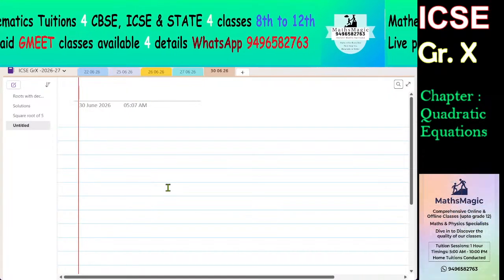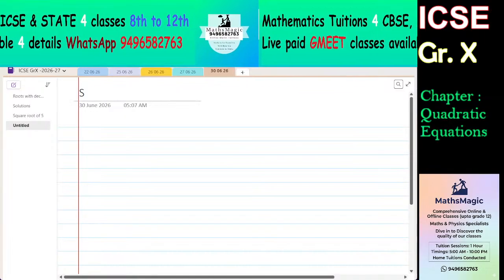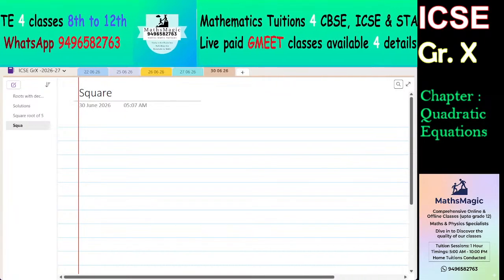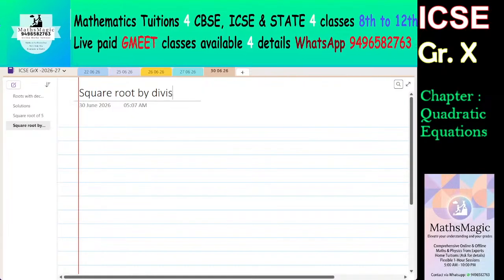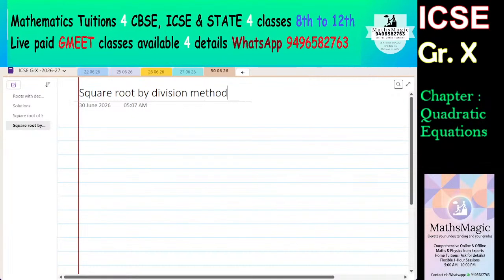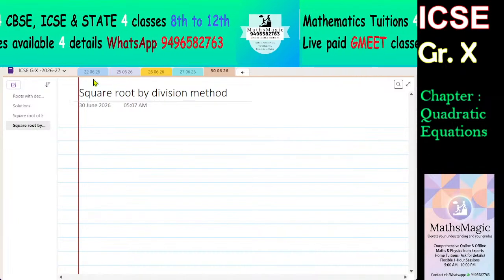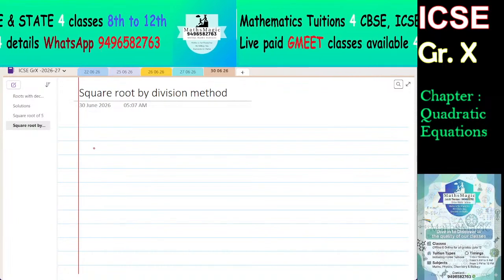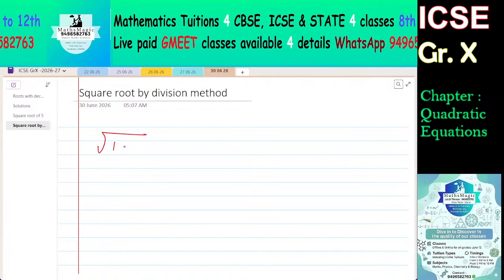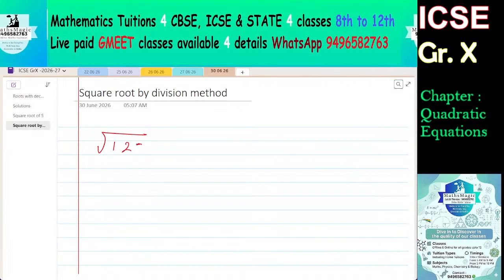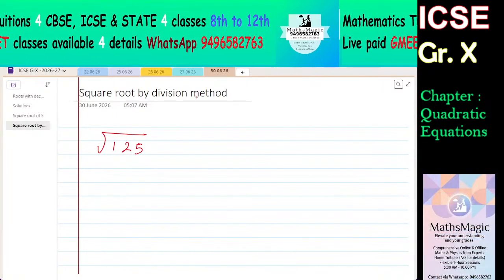I'll just take any other number. Just go for a revision. Square root by division method. So we will just try to find the square root of 125.